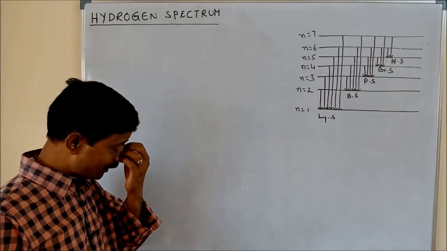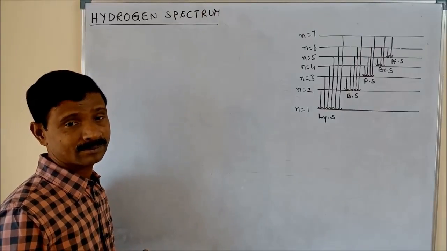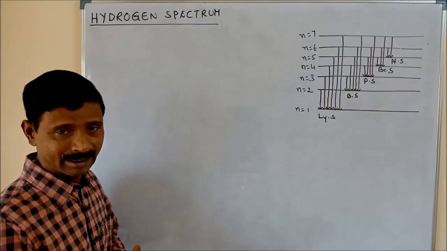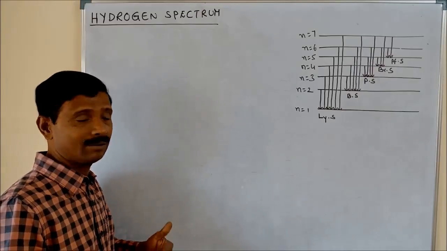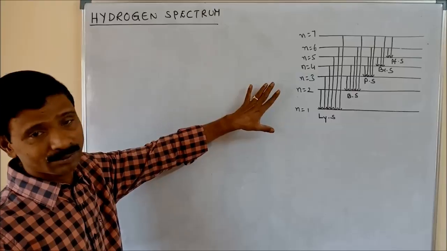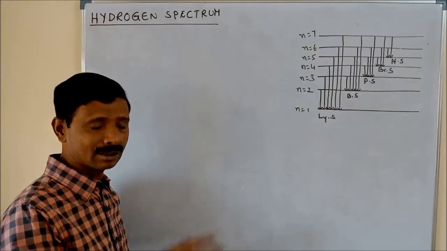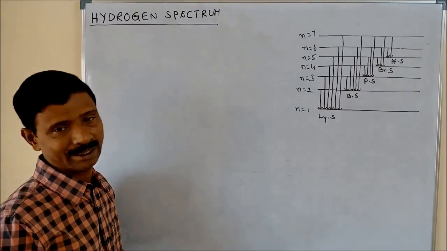That means, as you know, the types of spectra we have are absorption and emission. In emission we have line spectrum and band spectrum. So it is one of the best and the simplest line spectrum under that emission category.